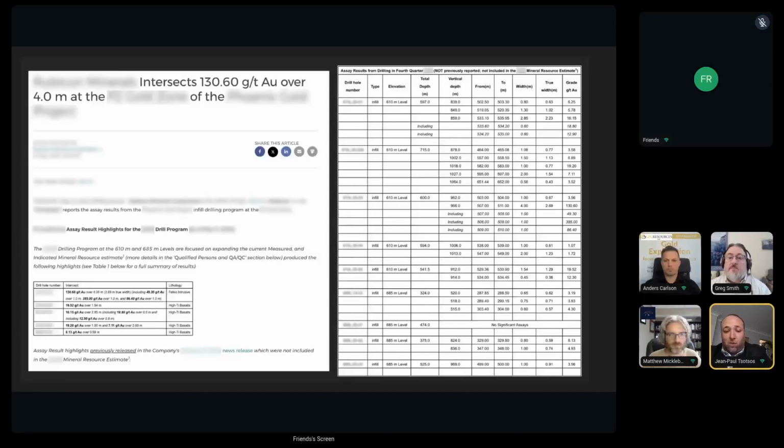And then the grades, one of the things that we used to do is take all the samples that were not the including ones. So you see in the vertical depth they have including. We used to do this when I was working at the bank, and we would take all of those and add all the true widths and the grades together and figure out an average to get an idea of what the gold grade average was over these results, and then compare it to the resource to see, are they drilling higher than the original resource?